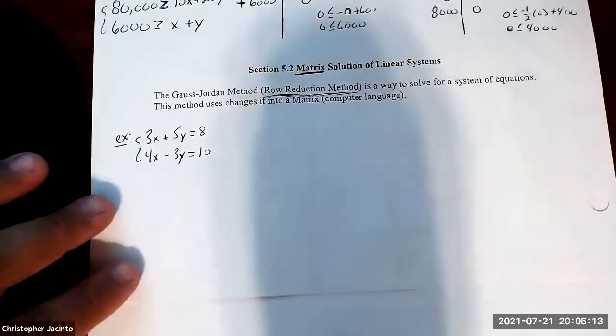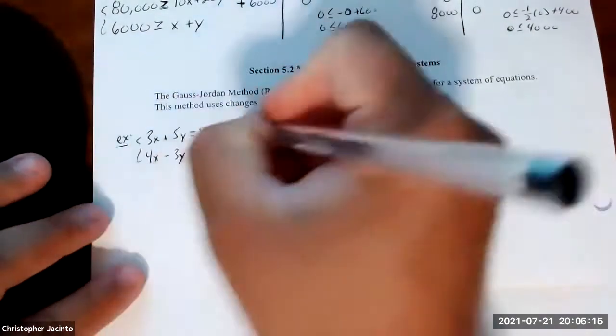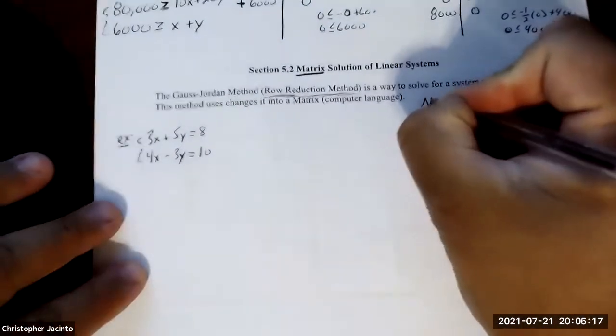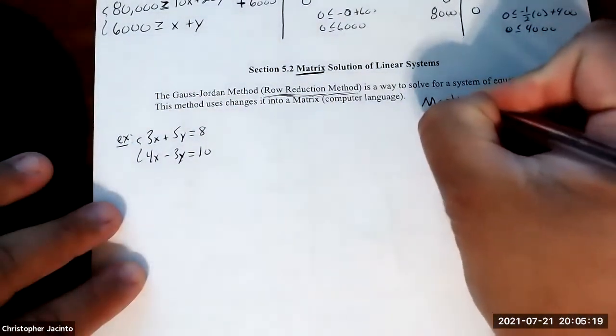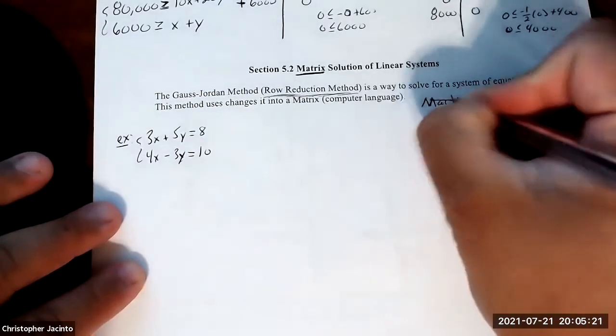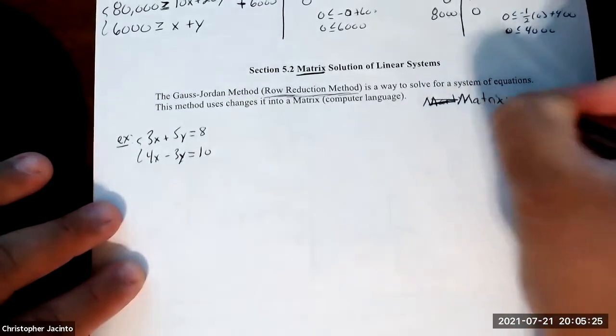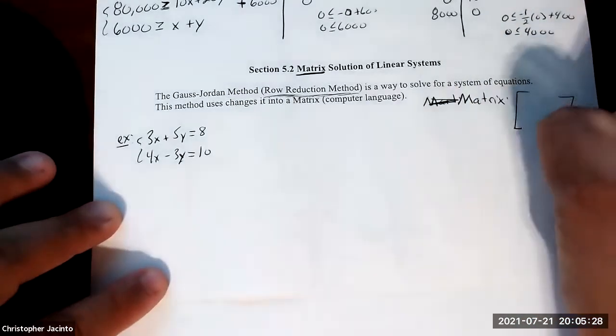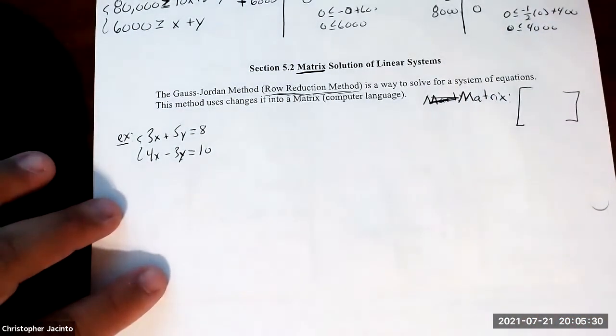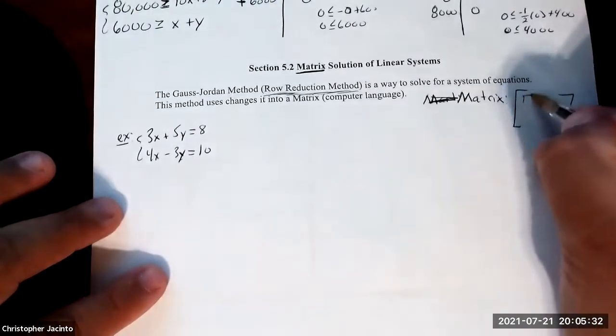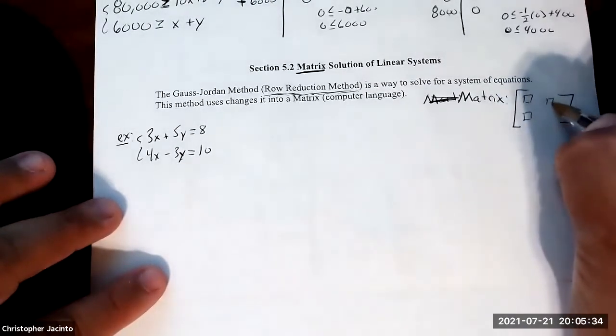Now a matrix is pretty straightforward. So I'll just put it over here. A matrix usually looks like this, with really big bars, and we're going to put numbers inside of it.